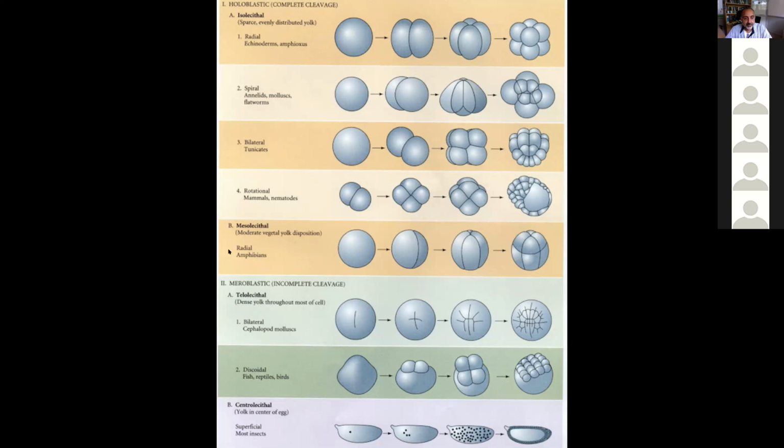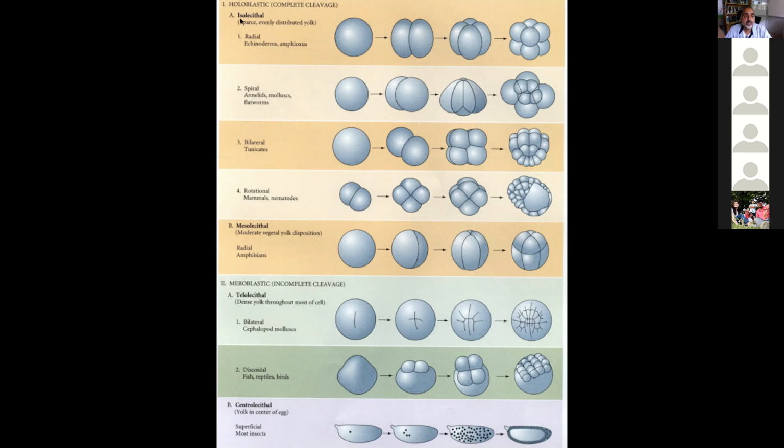Where you have either very dense yolk throughout most of the cell, or the yolk is deposited in different places, you get what's called meroblastic cleavage. And here cell division is incomplete. So for a long time, the embryonic cells still will retain some connection to the yolky cell underneath.